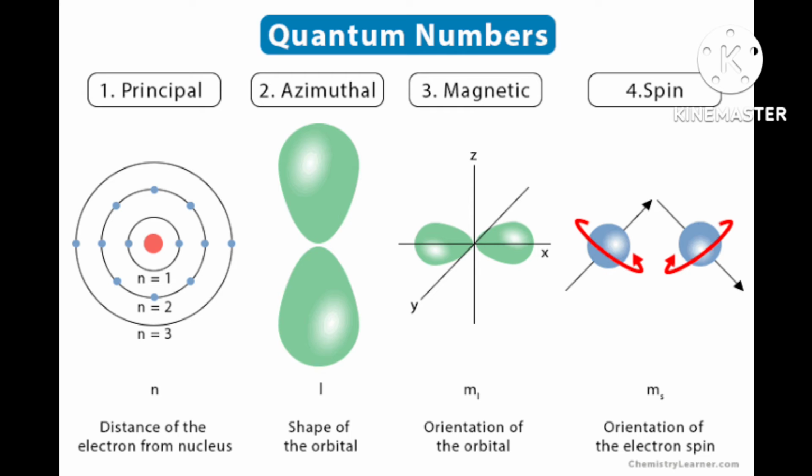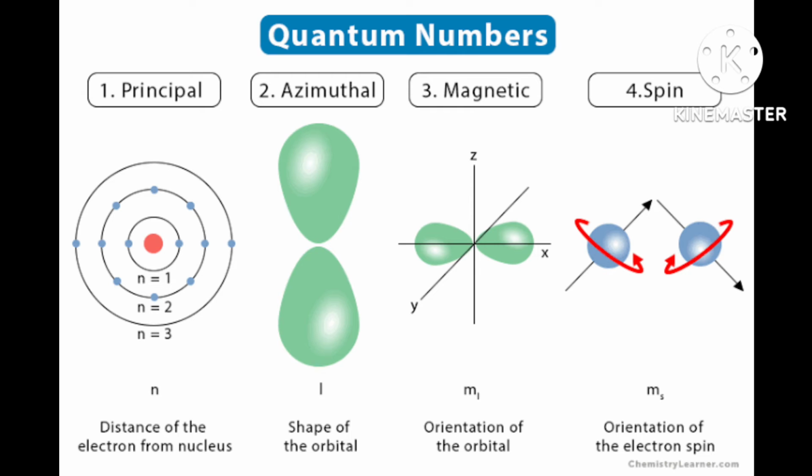The magnetic orbital quantum number m, small m, gives information about the spatial orientation of the orbitals.